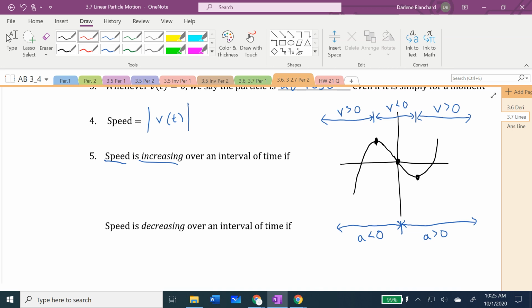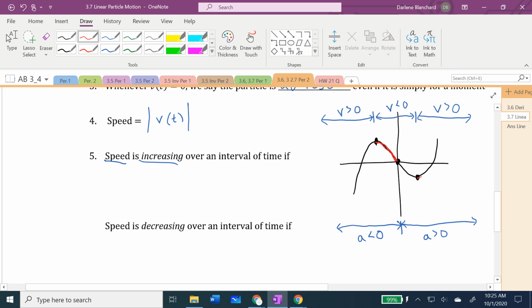Do you recall which intervals we were steepening? Which ones of these were the intervals where we were steepening? We were steepening when we went from here to here, right? Do you see the slope steepening when you think about it?